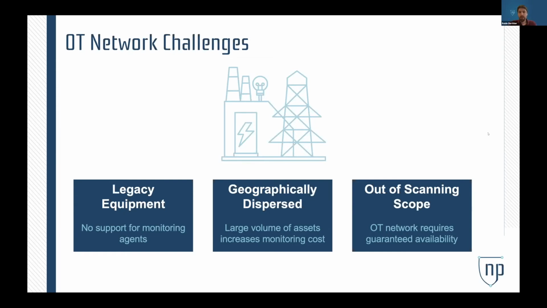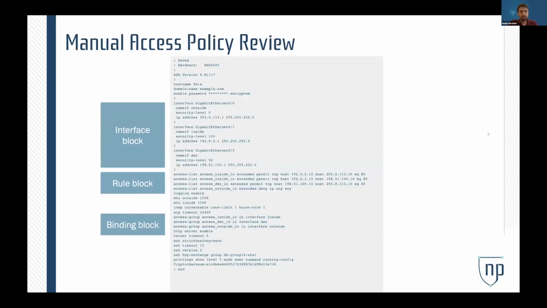So for those three reasons, it's another layer of importance around the need to understand your network architecture and your topology without having to deploy anything inside your OT network, or without having to increase your attack surface.